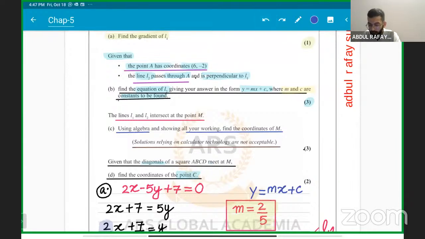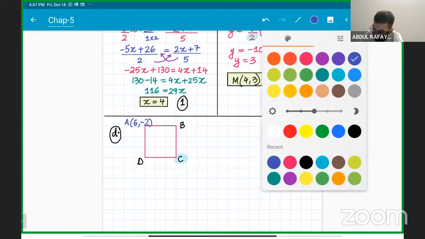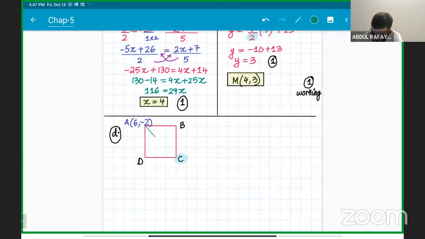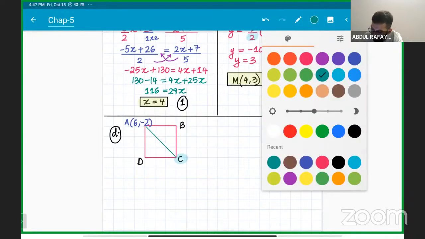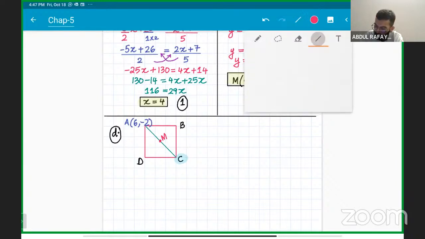And they are telling that the diagonals of the square ABCD are meeting at M. The square ABCD is meeting at the diagonal, students. So that is what's going to happen here. If you can see properly and clearly, this A and C, and B and D, they are meeting at the coordinate of M. They are meeting at M, okay? A and C and B and D.